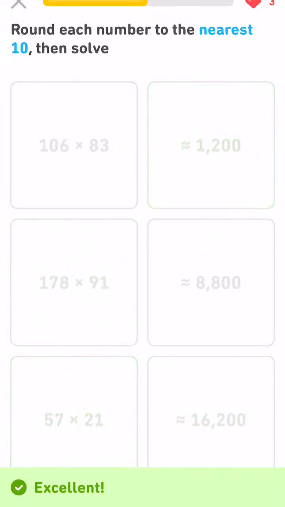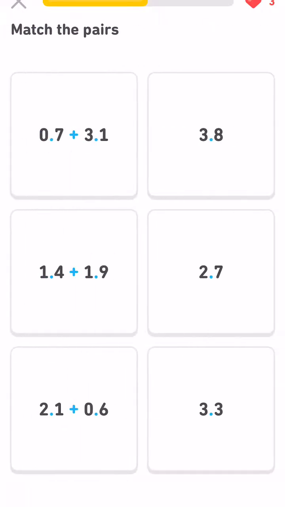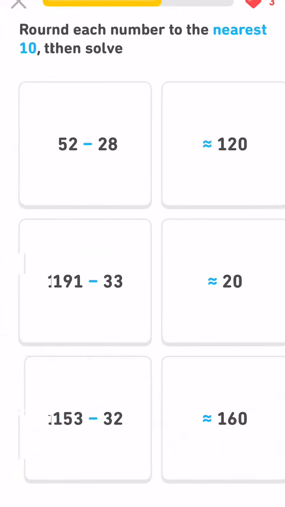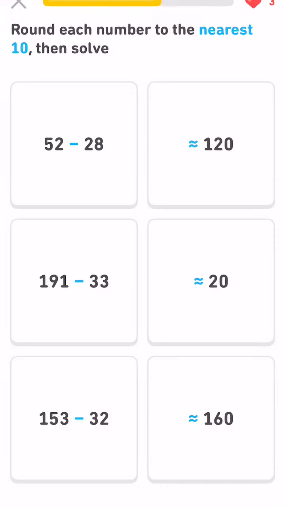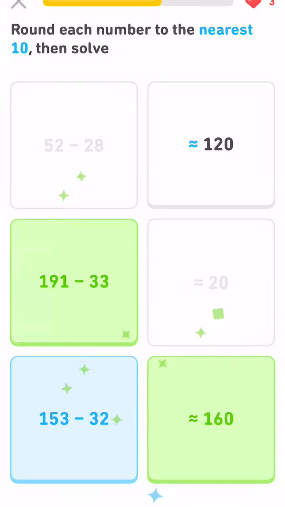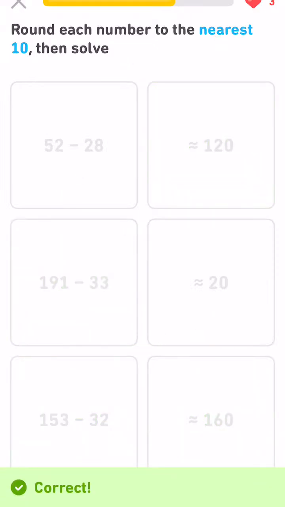Boom. All right. 0.7 plus 3.1, that would be 3.8. 3.3. Boom. Okay. 50 minus 30, that's 20. 190 minus 30, 160. Boom, we're moving through this very quickly. I love that.